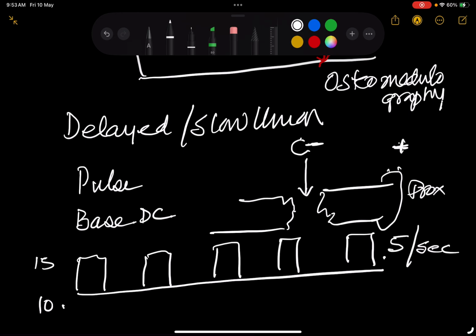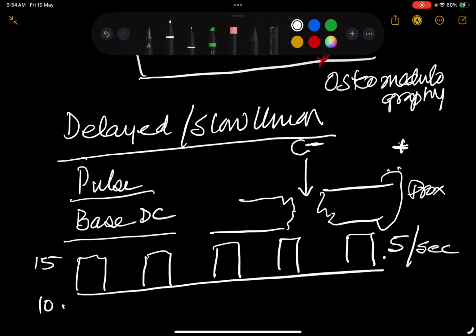So this goes up to 15 and the frequency is 5 per second. So by this current, normally if tibia heals in 22 weeks, mean 22 weeks, then tibia healed in 12 weeks. So this is one of the research papers on delayed and slow union.